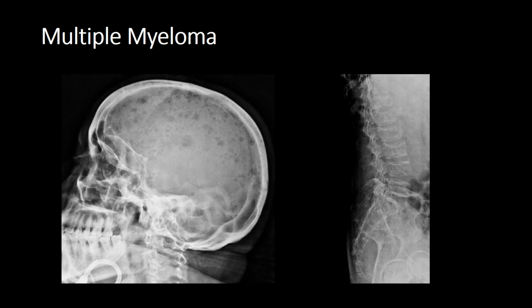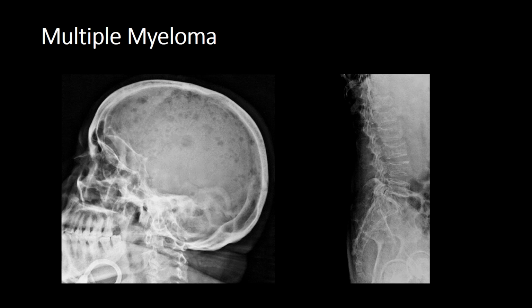So multiple myeloma is the most common primary bone cancer. It involves the red bone marrow, and because of that it has a predilection for the flat bones and the vertebral column. So you'll see it in the skull, you'll commonly see it in the pelvis, the vertebral column, and then around the proximal portions of the femora before it extends along the long bones.